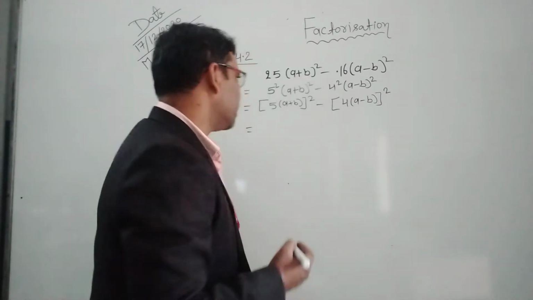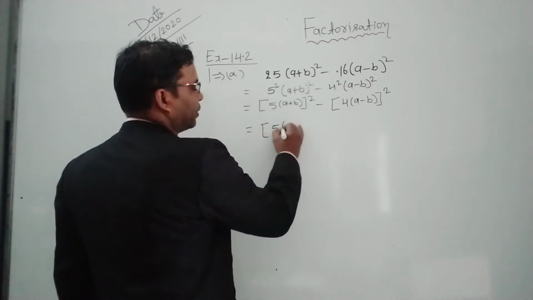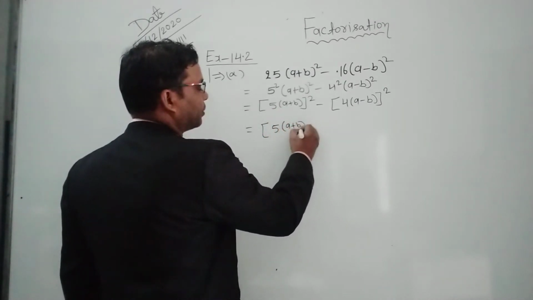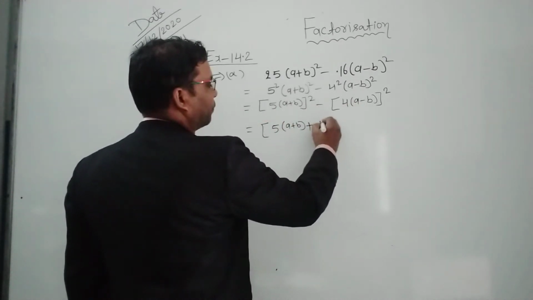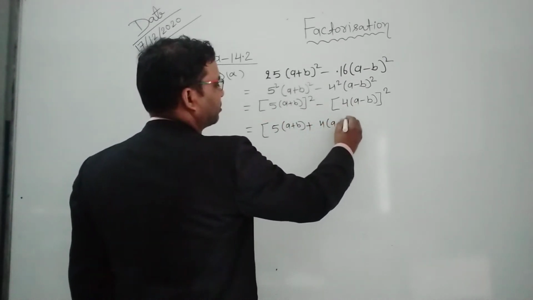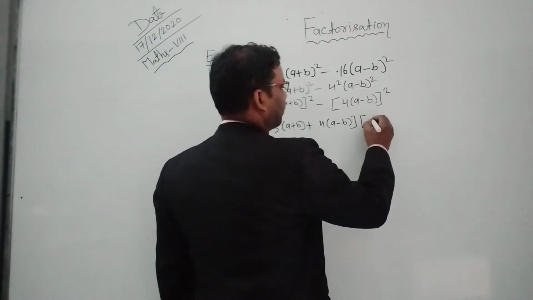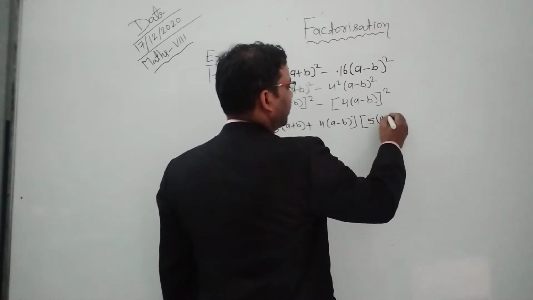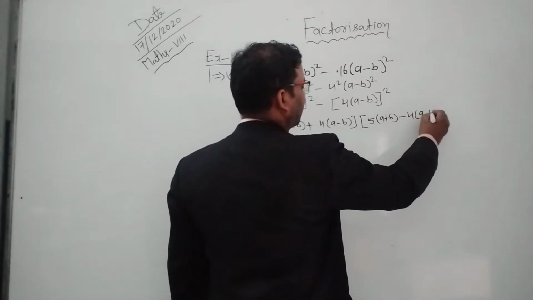Okay. So here you can write 5 into a plus b plus, this is x, this is y, 4 into a minus b. Clear? Into 5 into a plus b minus 4 into a minus b.